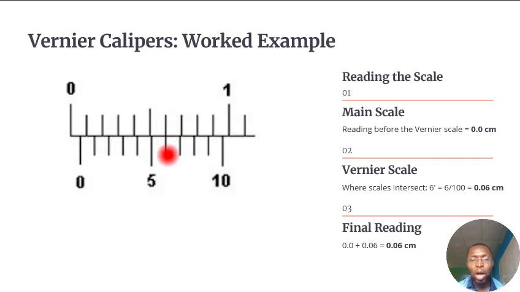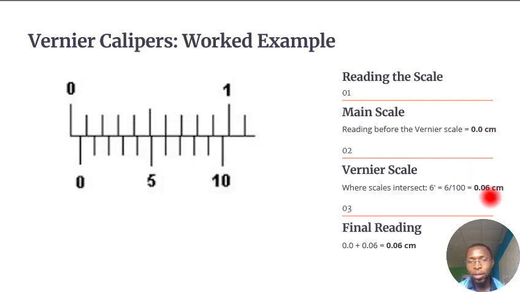And so we now multiply that sixth division by the reading accuracy of the vernier caliper, which is 0.01. So 0.01 times 6 will give us 0.06 centimeters. All right, the final reading will now be vernier scale plus main scale. Remember, our main scale we have obtained to be 0.0.